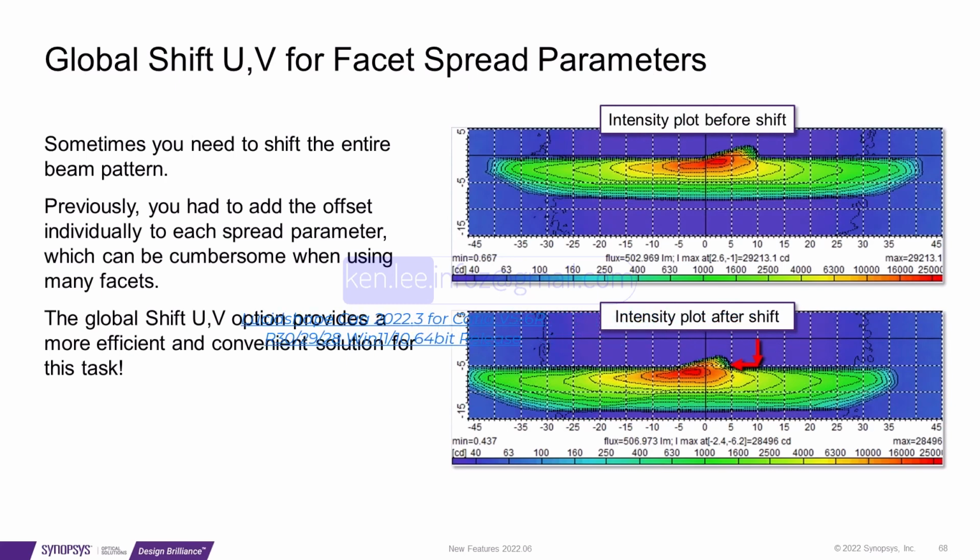Sometimes you need to shift the entire beam pattern left, right, or up, down. Previously, it was required to add the needed offset individually to each horizontal vertical spread parameter, which can be cumbersome when using many facets. The global shift UV option provides a more efficient and convenient solution for this task.